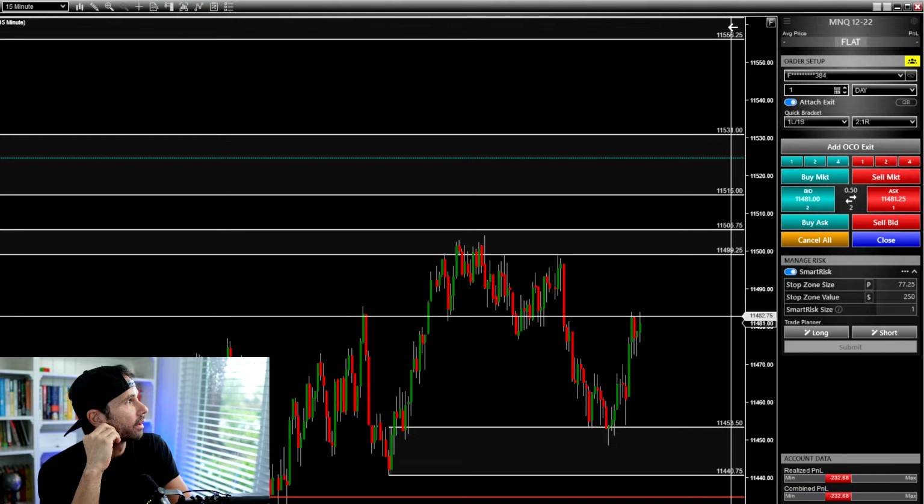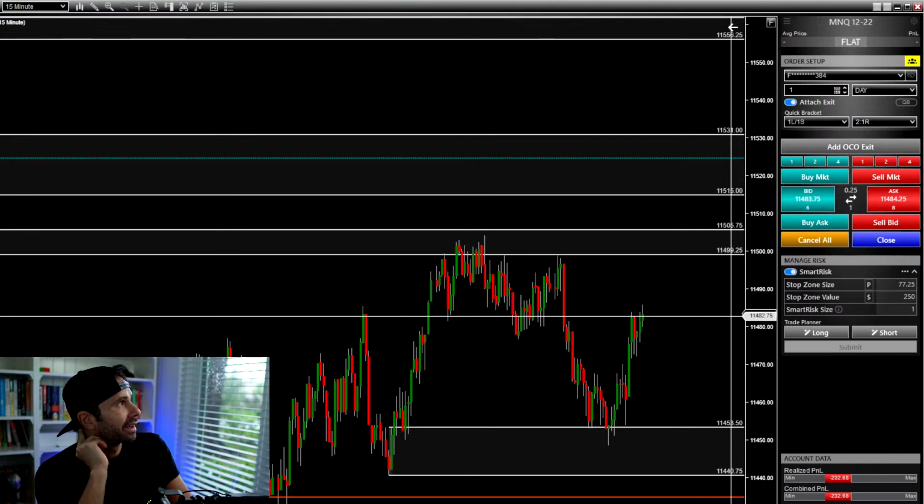The RTY is the one that has more strength. It's going up 2%. The rest of them, the ES is going up 1%, the NQ is 1.5%, and the YM is 0.87%.